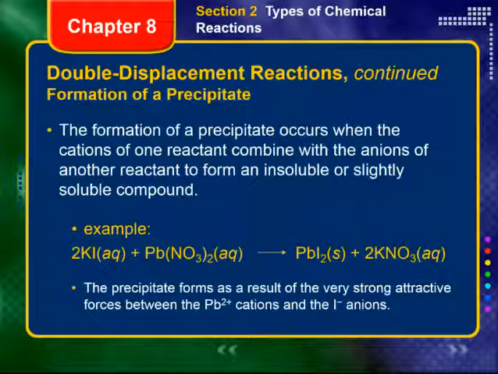Now, the reason that precipitates form, and in the last section we described the formation of precipitate as a good indicator that a reaction has occurred. The reason that precipitate is forming is because the resulting attractive forces between those two ions are so strong that the water doesn't have the ability to dissolve it.